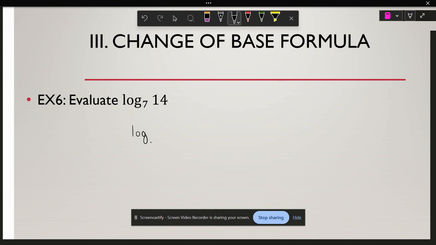Log base 7 of 28 over 2, log base 7 of 28 minus log base 7 of 2.